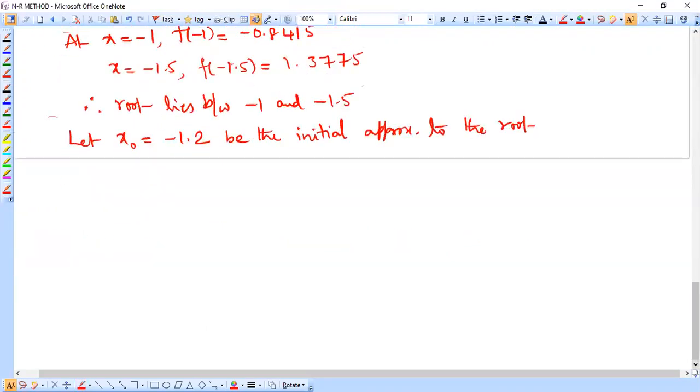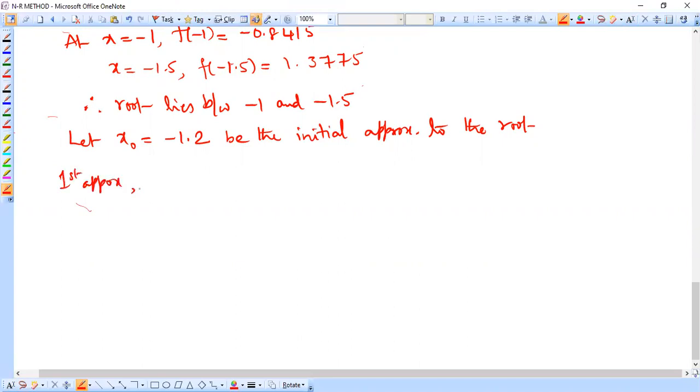Now what I will do, I will substitute all these things in the iterative formula, right? So let me write the first approximation. Therefore the first approximation is x1 is equal to x naught minus f of x naught by f dash of x naught. What is my x naught? Minus 1.2 minus, what is my f of x naught?